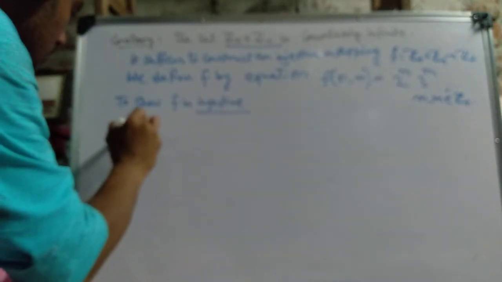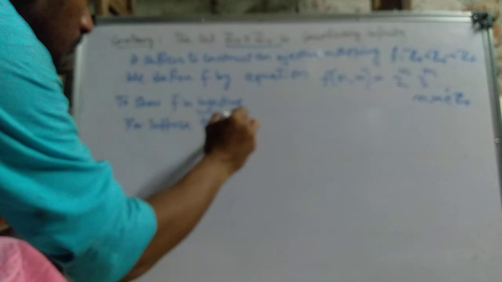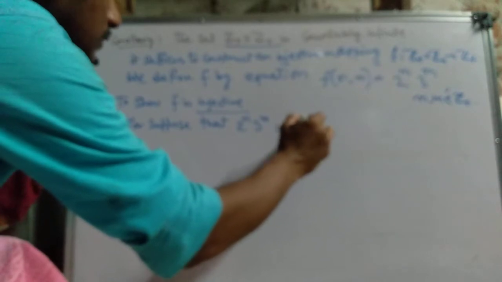To show f is injective, suppose that 2 to the power n times 3 to the power m equals 2 to the power p times 3 to the power q.